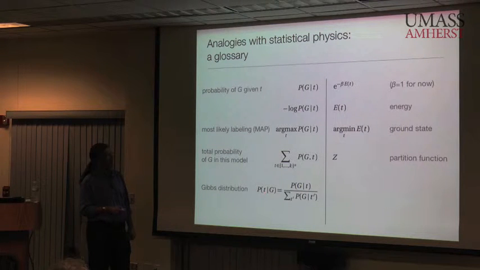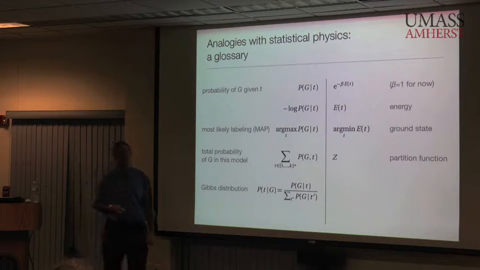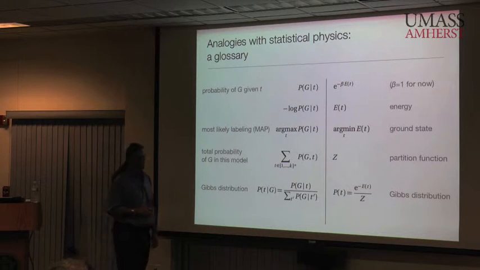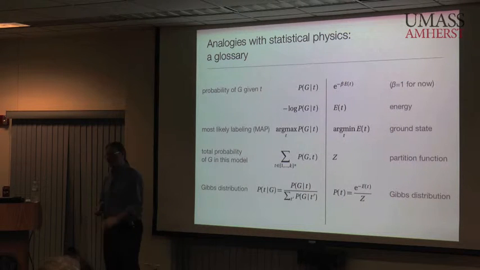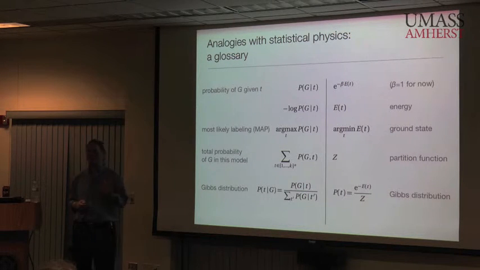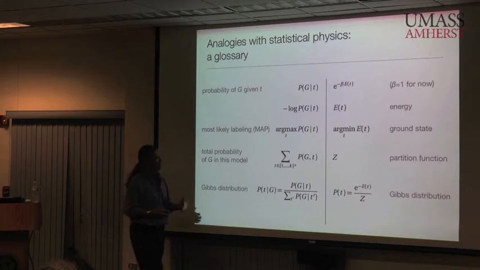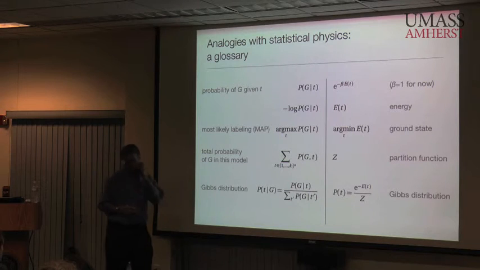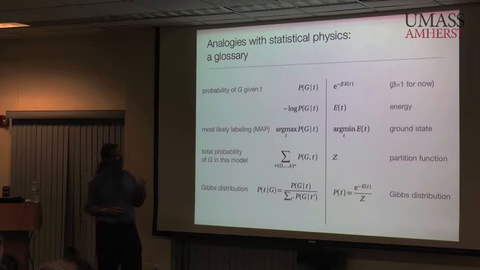So the probability of the labels given the graph is proportional to the probability of the graph given the labels, but then we have to normalize. Physicists call this the Gibbs distribution, or sometimes the Boltzmann distribution. So it's not that this analogy is totally new. It was already called the Gibbs distribution. But it's not just a normalization factor. It's a very important quantity. A lot of quantities we care about in physics can be written as derivatives of it.